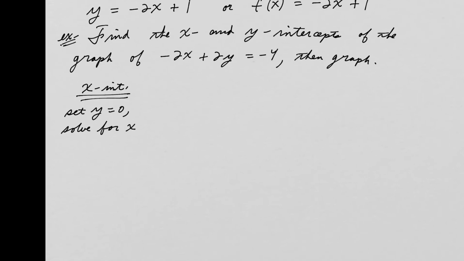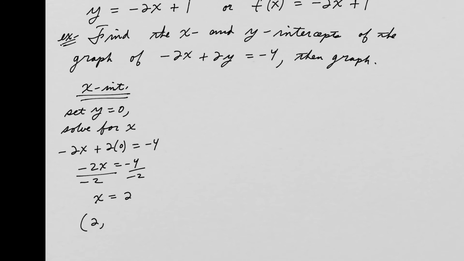So in this case, I have negative 2x plus 2 times 0, right, where I have a y, I'm going to plug in 0, and I'm going to solve this for x. So negative 2x equals negative 4, divided by negative 2. So it looks like x is going to be positive 2, which means the x-intercept is the point 2, 0.